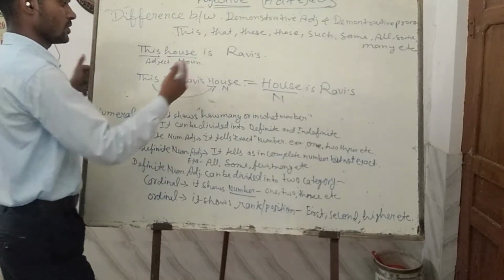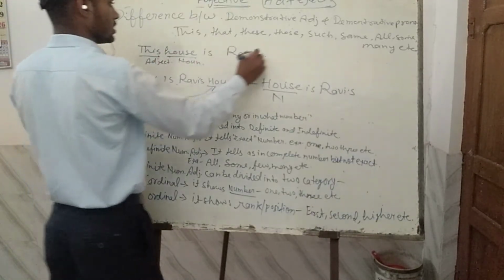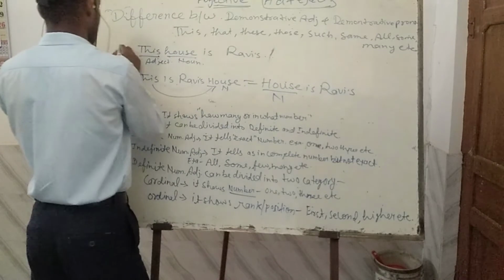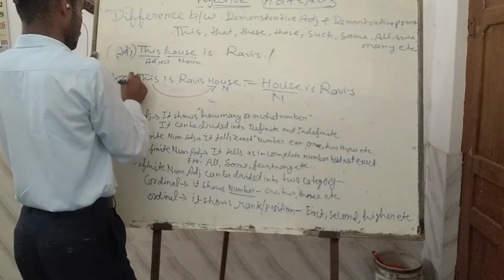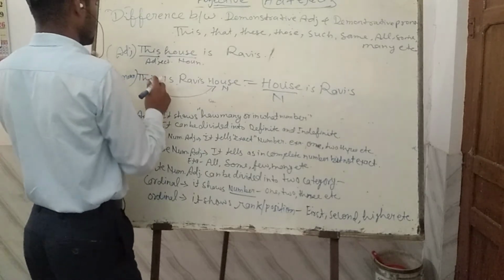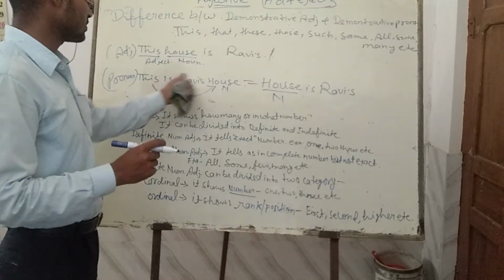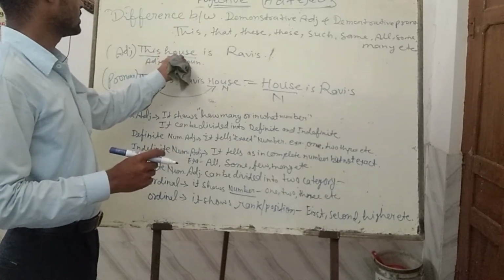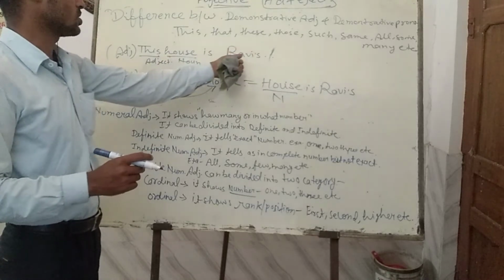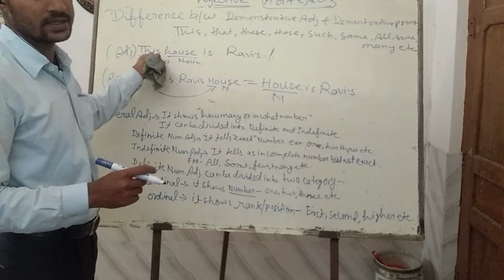Here is an example of adjective, and here an example of pronoun. This has been used in the place of house, and here you can't say this is Ravi's house, because you are using this as adjective.